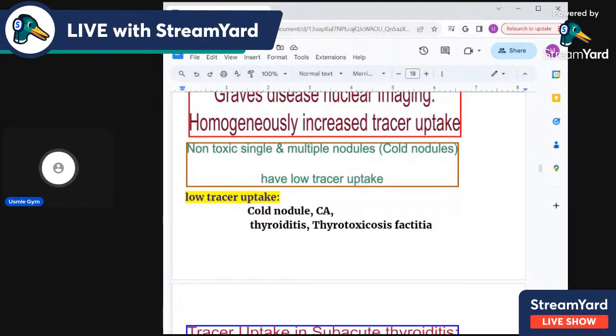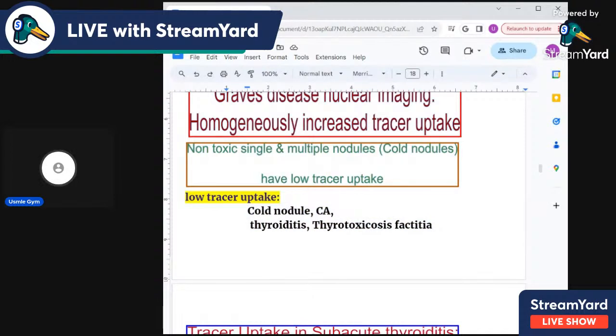So when do we have a low tracer uptake? We have a low tracer uptake in cold nodule, carcinoma, thyroiditis, and thyrotoxicosis factitia. Low tracer uptake. Cold nodule, carcinoma, thyroiditis, wherever there is damage to the cell, right? Thyroiditis, damage to the cell.